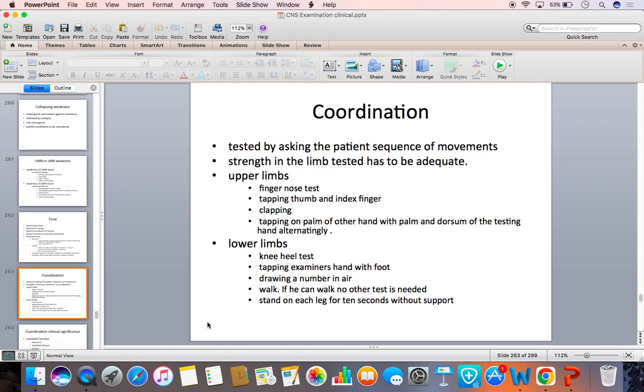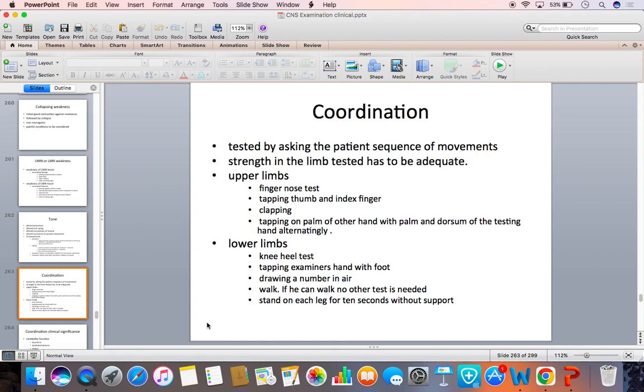Then coming to coordination. Tested by asking the patient to perform a sequence of movements, not one single movement. But strength in the limb must be tested prior to testing for coordination. How do you test in the upper limbs?